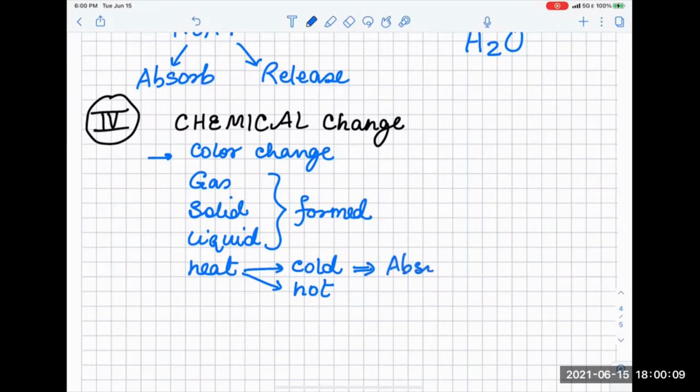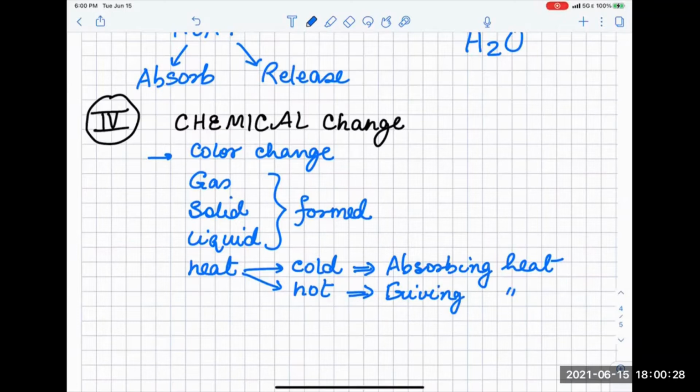So when your hand feels cold, the reaction is taking the heat from your hand. But if your hand feels hot when you touch the reaction vessel, which could be a test tube, that means it is giving away heat. That is why your hand is feeling hot. So that's the thing with chemical change, and we will study chemical change more.